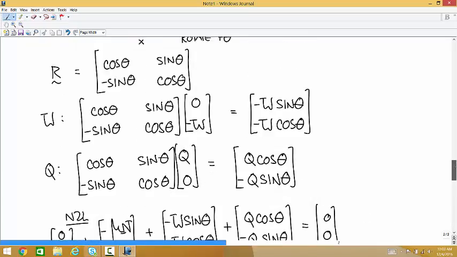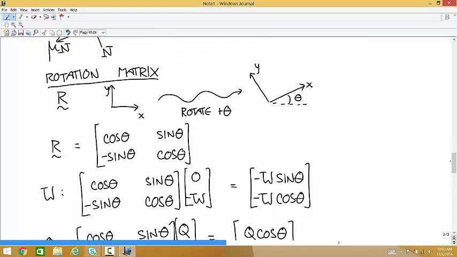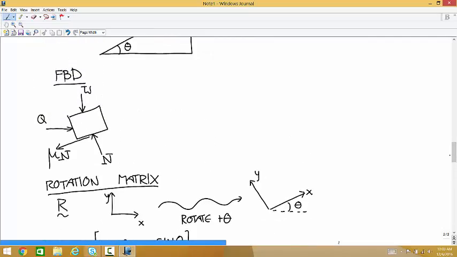Well, the other two were already rotated. So if we were to use the rotation matrix on this one and this one, we would first have to represent them in this non-rotated coordinate system, which would be unnecessarily hard because we can see already what they're going to be when we rotate the coordinate system.